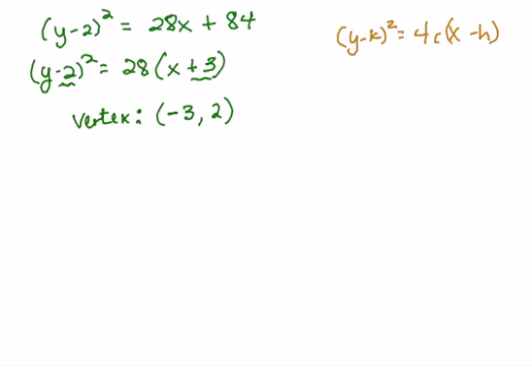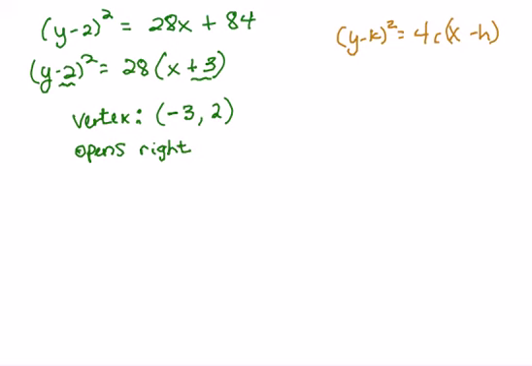We said earlier that we knew because it was a y-squared that this was going to open up or down. I'm sorry, I said that wrong. We said this is going to open left or right because it's a y-squared. That means it's going to open left or right. And since it's positive, this one opens to the right.